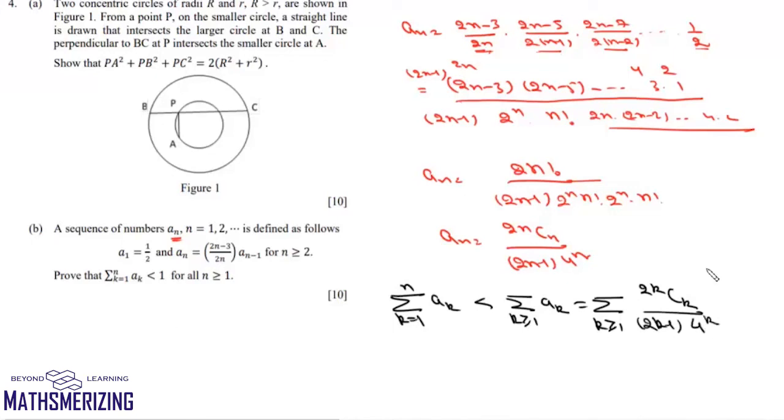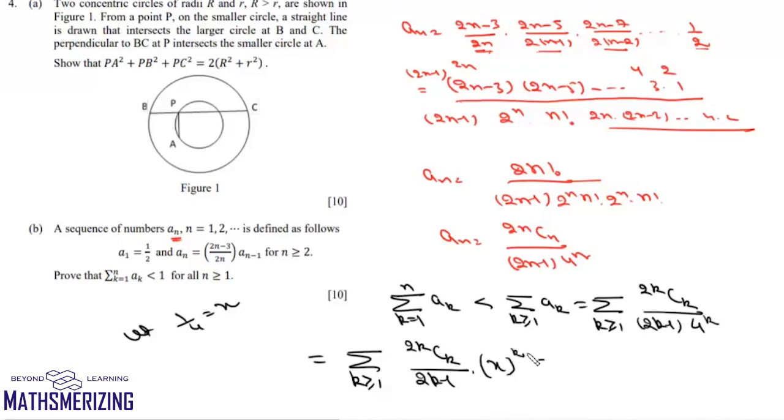Now let 1 upon 4 be some x. So we can write this as summation k greater than or equal to 1 of 2k Ck upon (2k minus 1) into x to the power k.